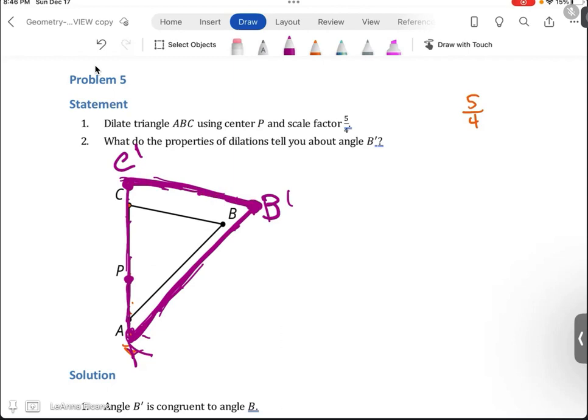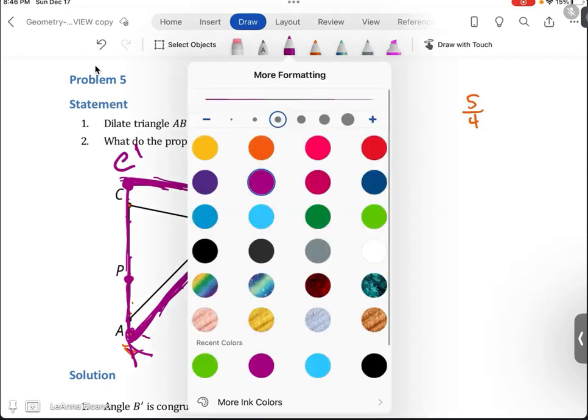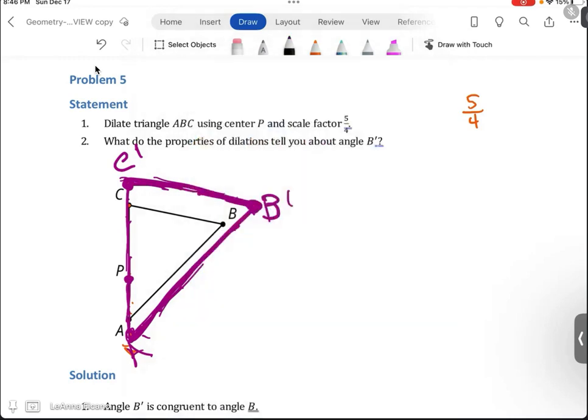So for here, I had broken up, and I went one, two, three, four, five. And then I broke up here into fours, the best that I could.